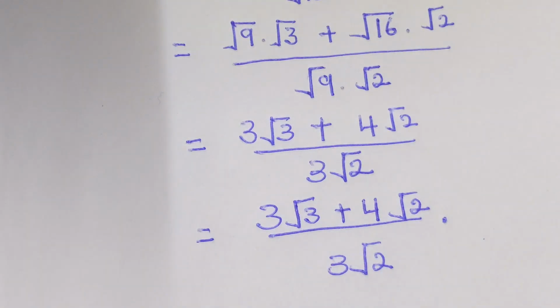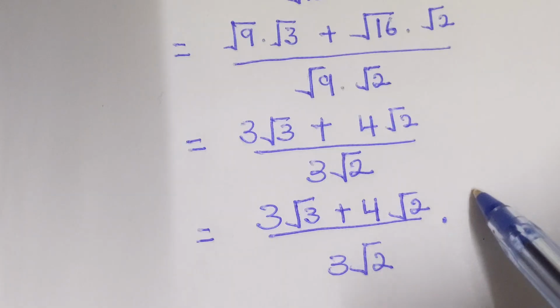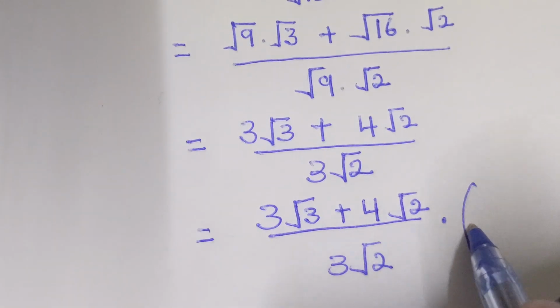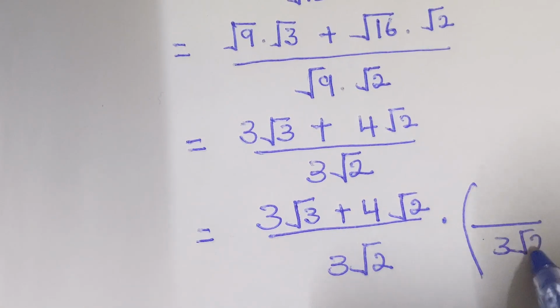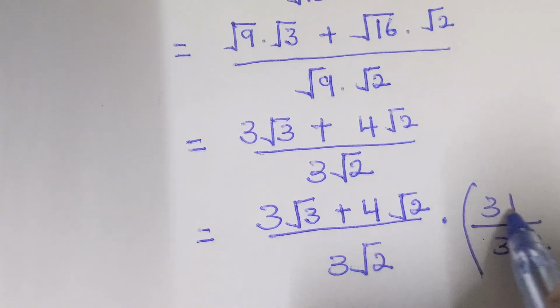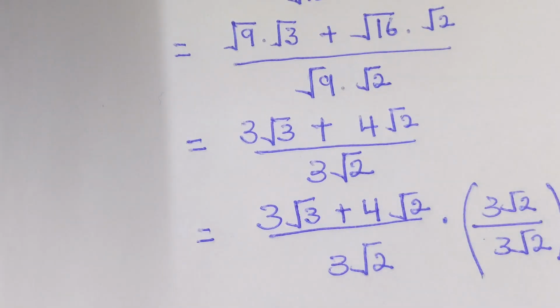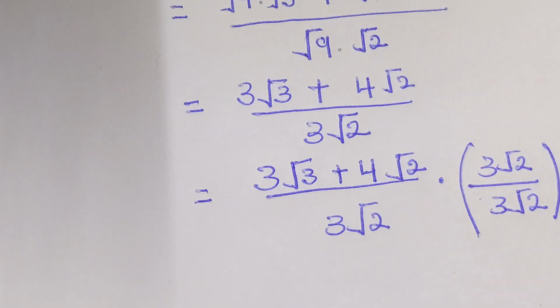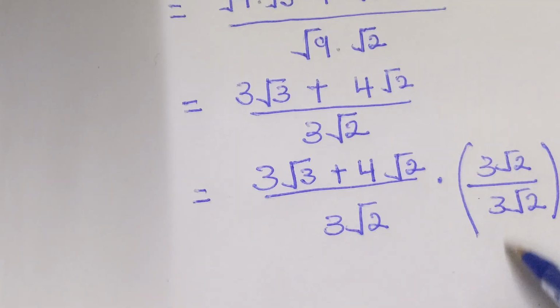Then multiply by the conjugate. We have 3 square root of 2 over 3 square root of 2. If you look nicely, this is a 1, and if you multiply 1 on any expression, nothing will be changed.